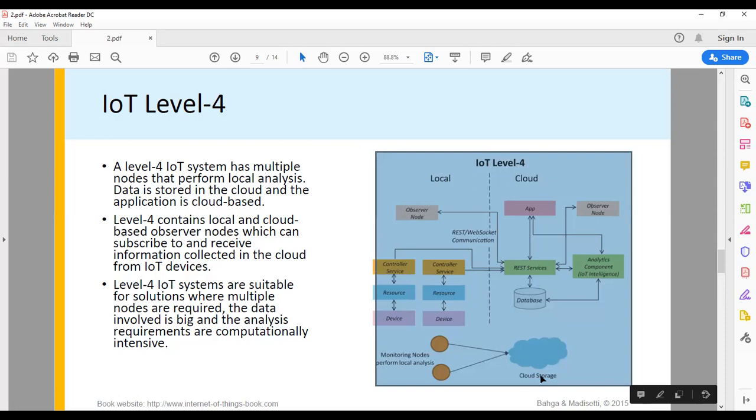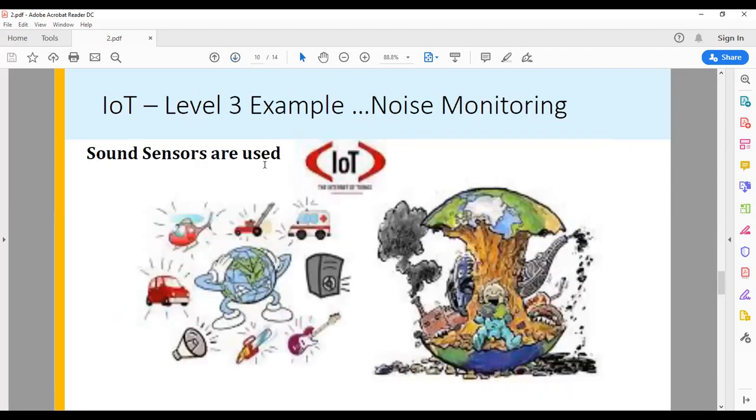Smartphones mostly use this. Let's check an example for this, that is a noise monitoring system. Sound sensors can be applied throughout the globe. If we want to monitor sound levels throughout the globe, how the sensors should work, you can imagine.